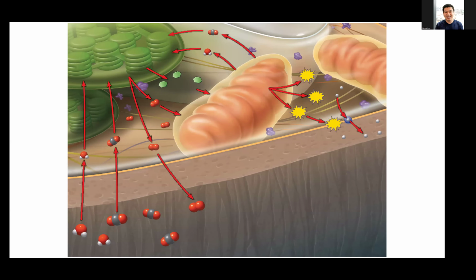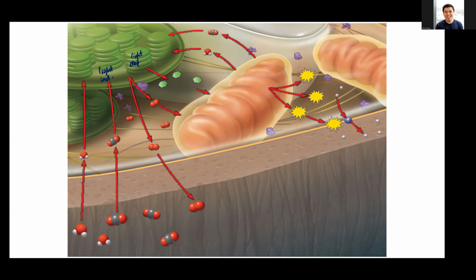So let's put everything together, right? In plant cells, there's the organelle called the chloroplast. There are two chemical reactions, the light-dependent reaction and the light-independent reaction. According to this arrow, here I have to pay attention to what the molecules are.